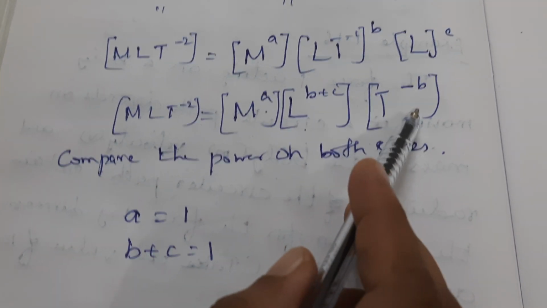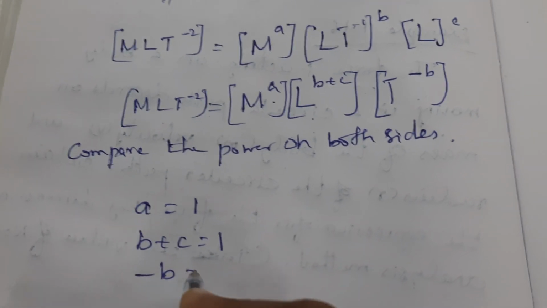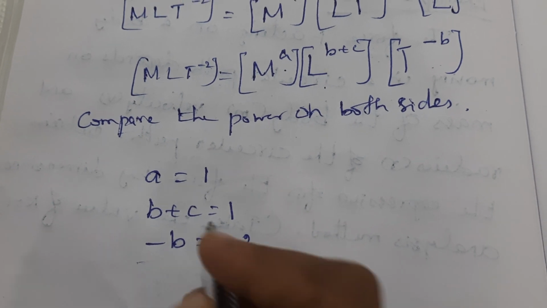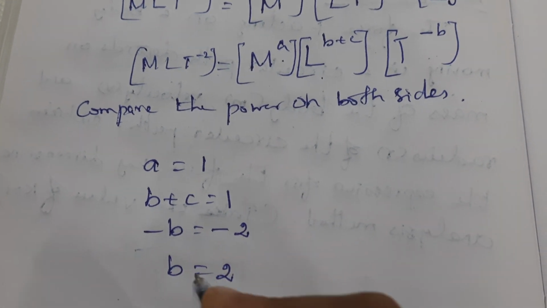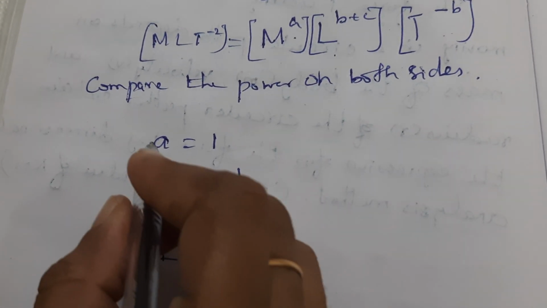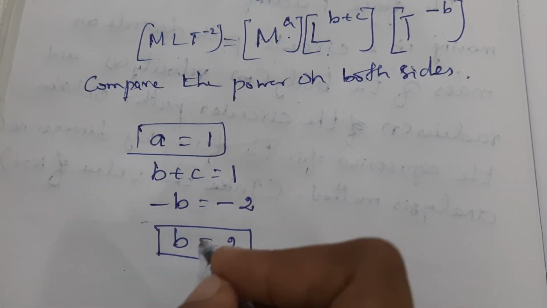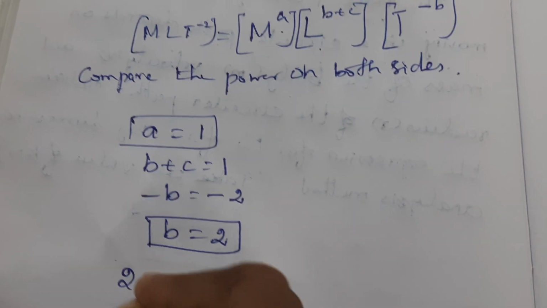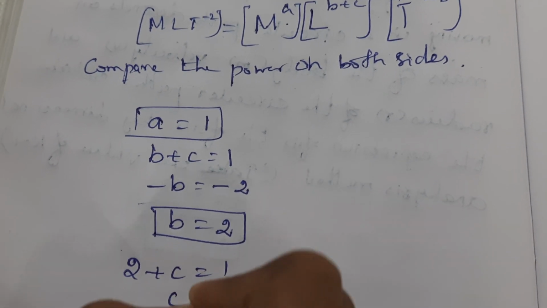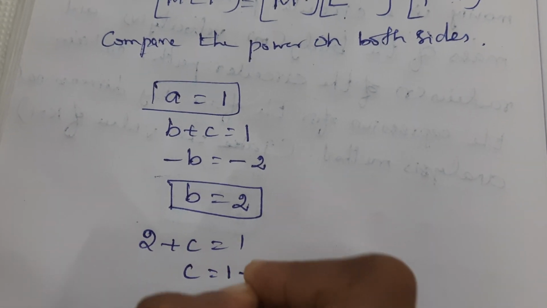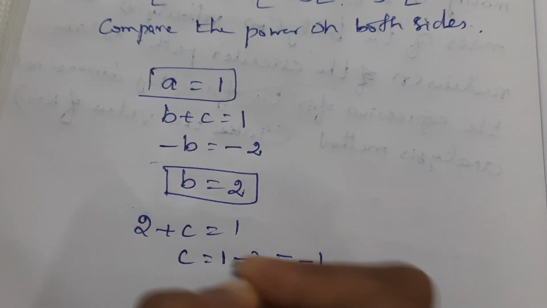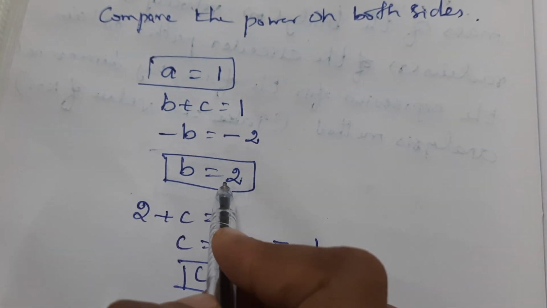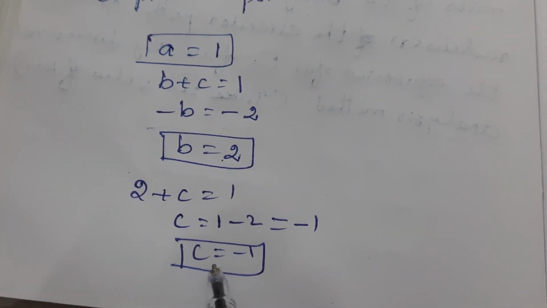Comparing the power of T, minus b equal to minus 2. So from this b equal to 2, a equal to 1. Then substituting b equal to 2, we can write 2 plus c is equal to 1, c is equal to 1 minus 2, that is equal to minus 1. So a equal to 1, b equal to 2, c equal to minus 1.